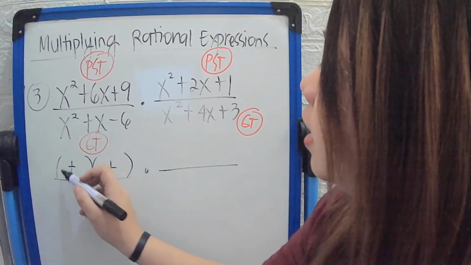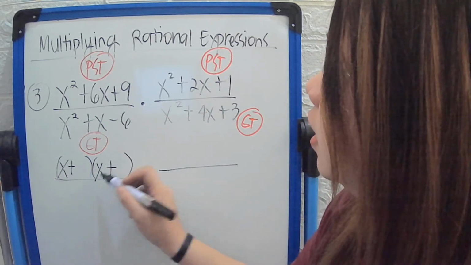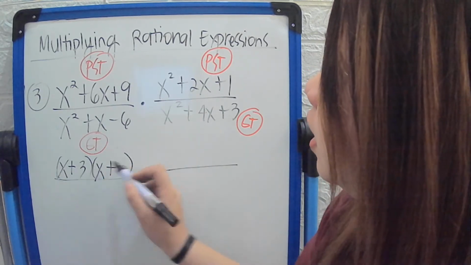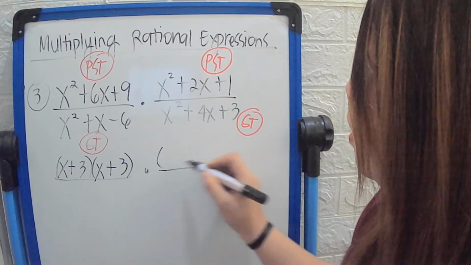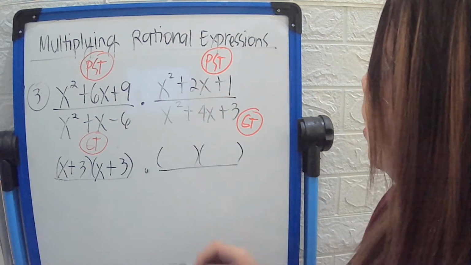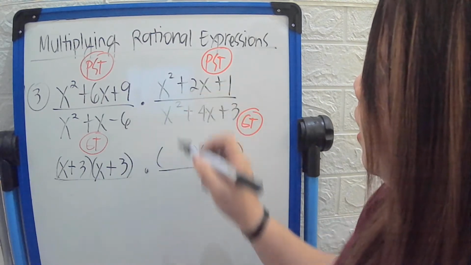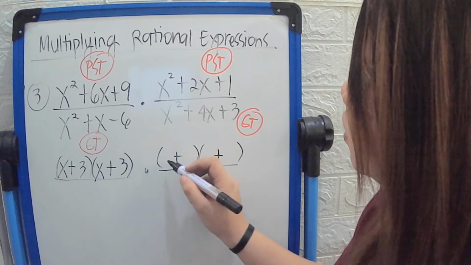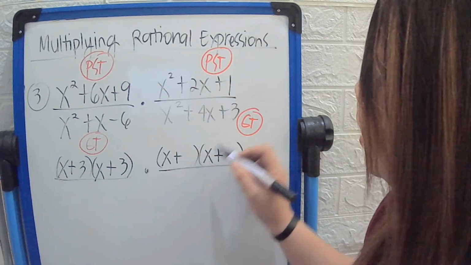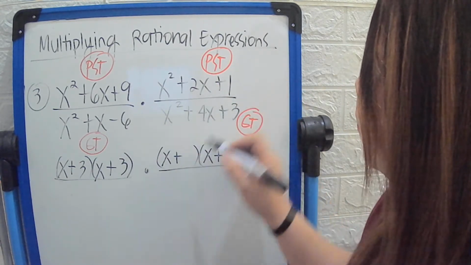Square root of x squared is x, so you put x here. Square root of 9 is 3. Same goes here, since we are using PST. Since your middle term is positive, we put plus here. Square root of x squared, x here. Square root of 1 is 1.